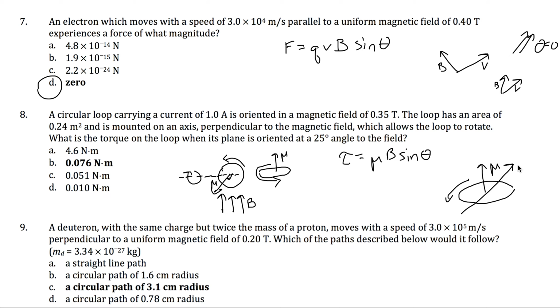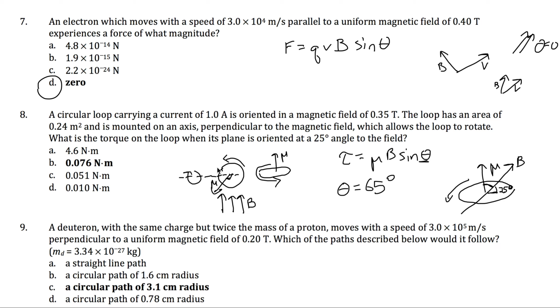So if this were the magnetic field, then the angle that it would give us here would be this angle right here. This would be 25, because this is the angle from the plane to the field. That's what it gives us. But what we care about is the angle between mu and the field. We care about this angle. So this angle is 65.